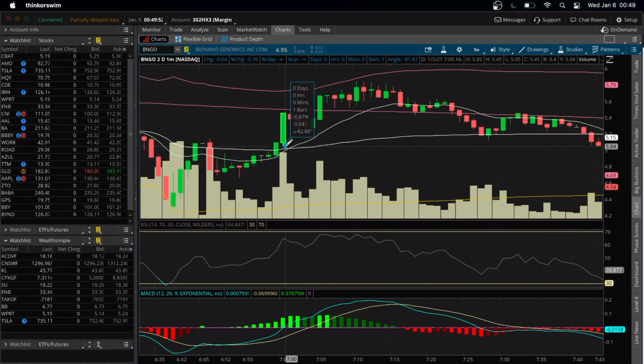It doesn't matter which direction it went, as long as it finished at 5.45 or 5.44. So in that 1 minute, for this particular stock, it moved 7.26%. That's huge. Obviously that depends on how much money you have invested, but that is a huge amount of movement.